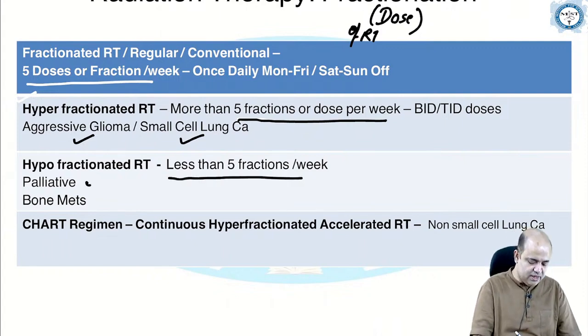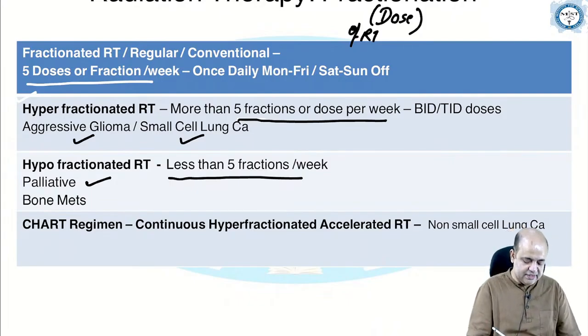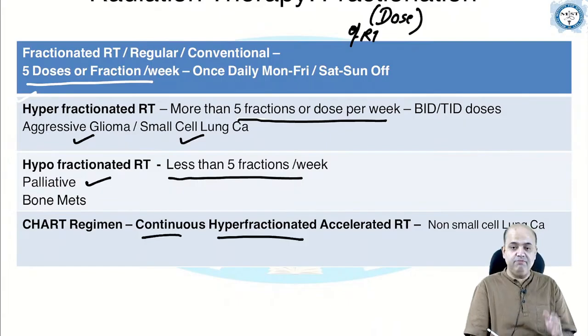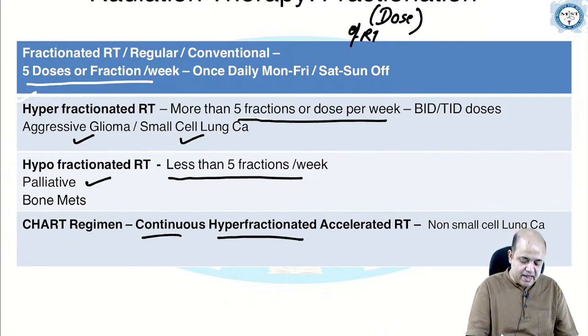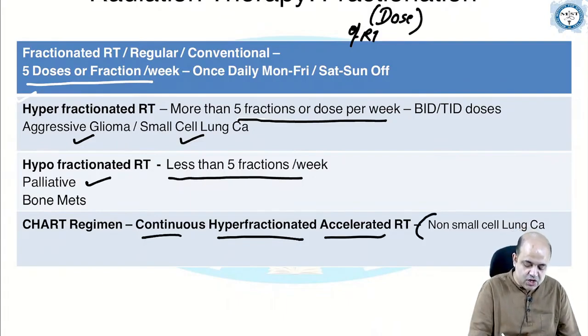It is used for palliation to reduce the pain in bone metastasis. CHART is continuous hyperfractionated accelerated radiotherapy, without a gap: more than one dose is given in a day, and accelerated in a short duration of time. This is used for non-small cell lung cancer.